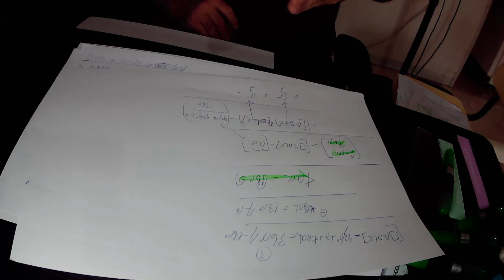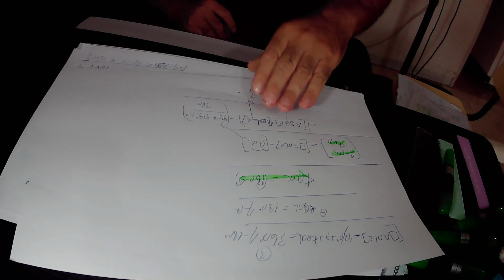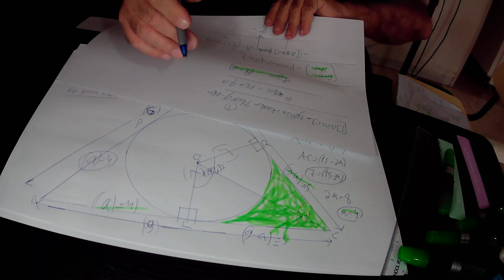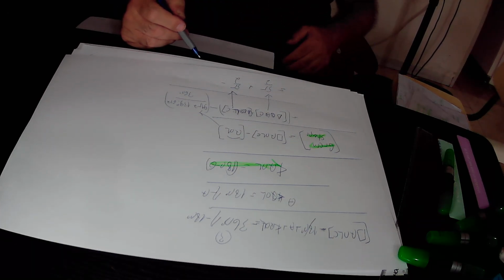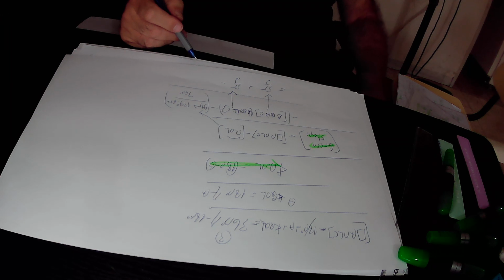R equals 1.907. We found that the radius of this circle R equals 1.907. So we substitute R by 1.907, and R squared must be equal to 1.907 squared.